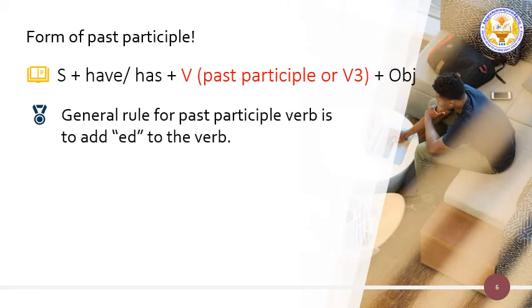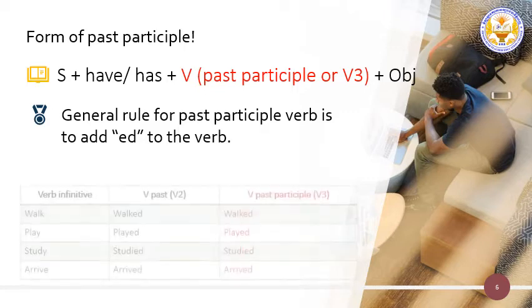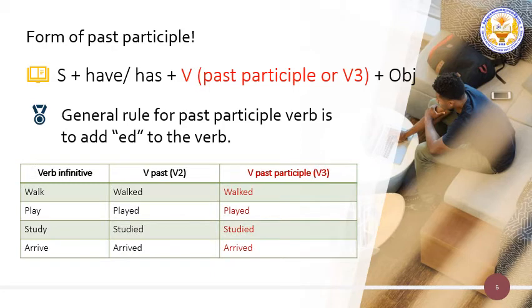In general rule, to create past participle is similar to past simple. You just add ed to the regular verb. You can see here I put also past simple and past participle. Like walk, we change to walked, and past participle remains the same, walked.